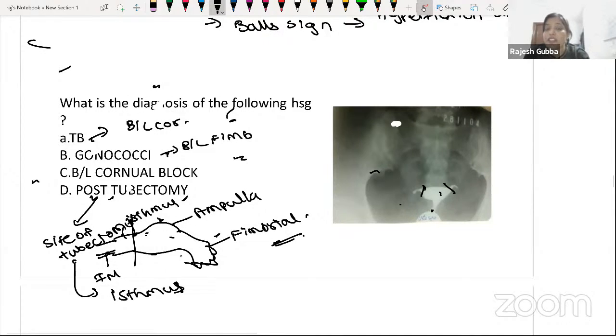Because isthmic reanastomosis is best for reversal. That is the second point you have learned. And third, you learned how to read a HSG also. Fourth, we learned where will be the block with pertaining to gonococci and tuberculosis. So each question teaches us a lot, and that's how I tried to frame them. I hope you all understood this question. It is a post-tubectomy bilateral isthmic block.